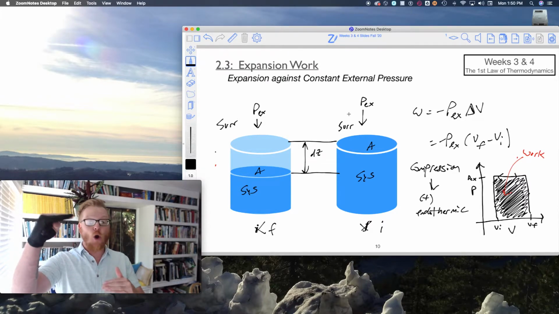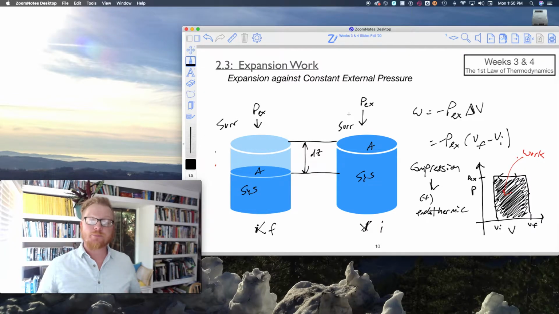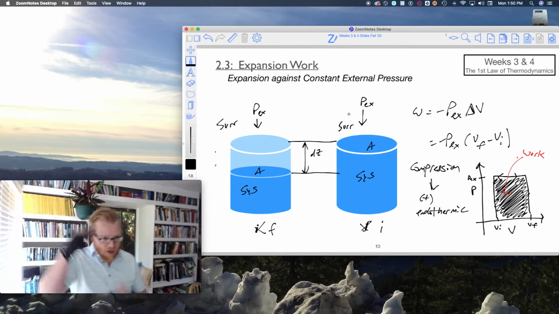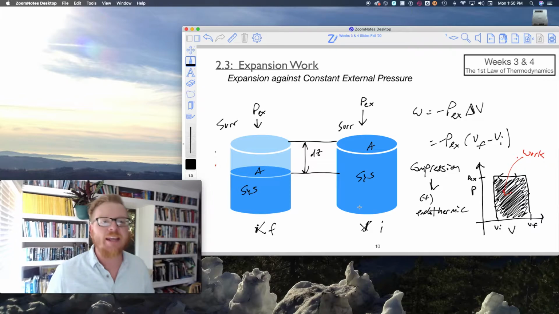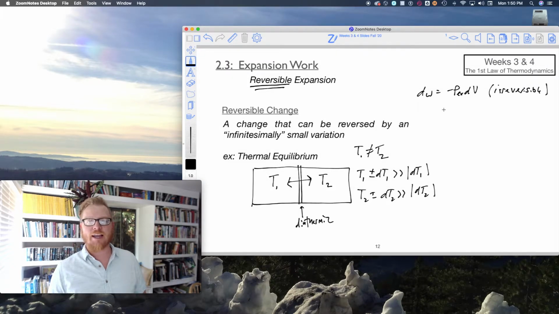Now there's no more difference between the pressures, and nothing allows it to become reversible, unless I do some type of chemical reaction in here that generates pressure, but that would no longer be expansion against constant external pressure. So expansion against constant external pressure is always irreversible.